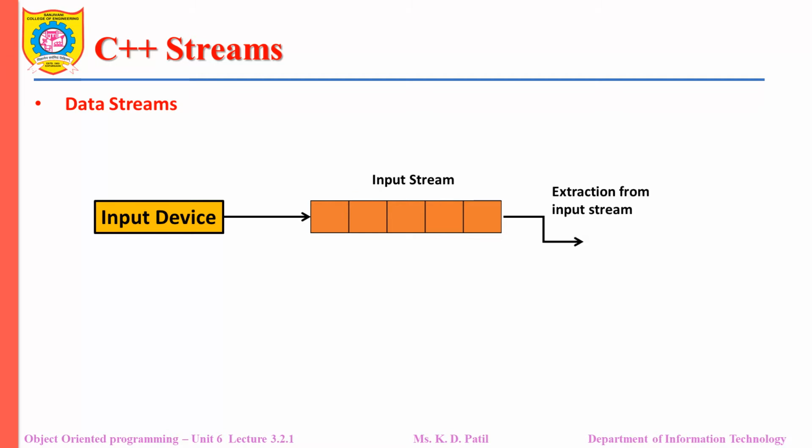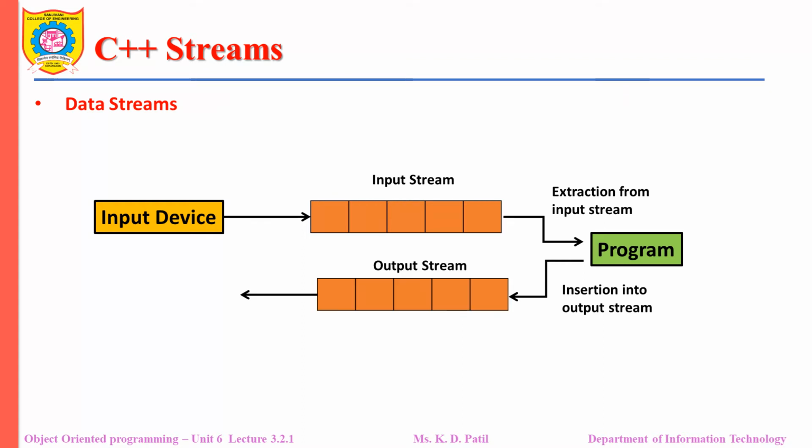After extracting the data from the input stream, the program processes that data and produces some output. Then after producing the output, it inserts that data onto the output stream. The output stream is the destination stream that receives the output from the program, and the data in the output stream can go to the screen or any other storage device.